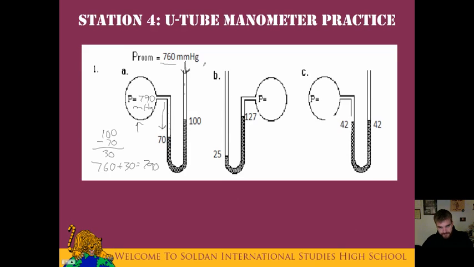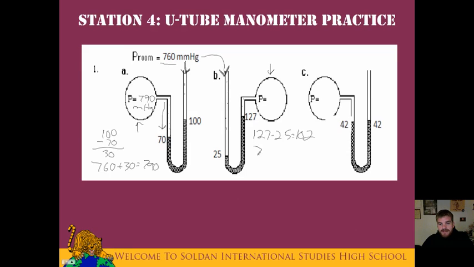All right, let's try this one. It's still 760 pushing down on this side, although this time we notice that this side is lower. So this pressure must be more than the pressure pushing down on this side. Let's find the difference. 127 minus 25 is 102. So I know that there's a difference of pressure of 102 millimeters of mercury, and that this bulb has less pressure than the room, because look, the level of the mercury shows that this is being pushed down more.